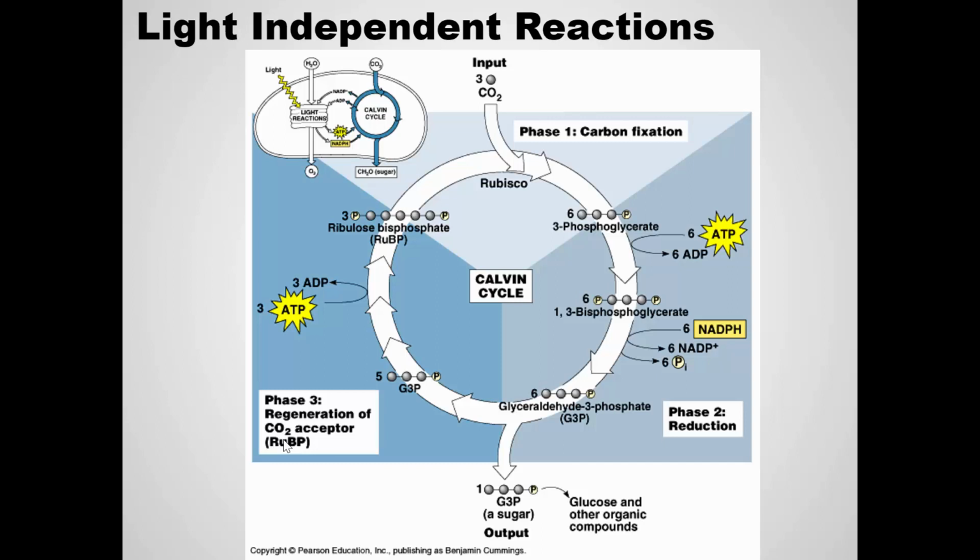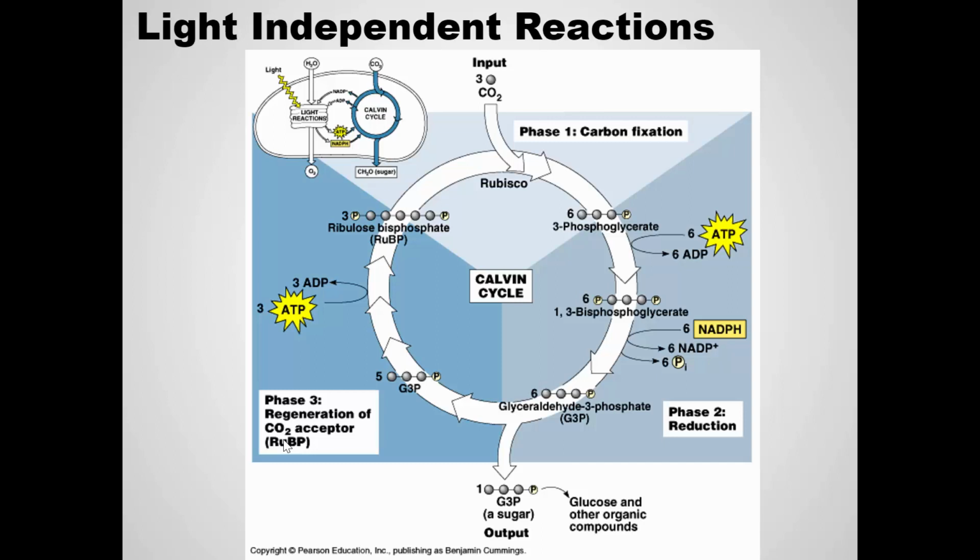So don't worry about the internal process, but I'll just give you the idea: carbon dioxide comes in, absorbed into the stroma, and it is combined by this enzyme called rubisco. It takes a molecule called ribulose bisphosphate, RuBP, which is just what it's called, as a short conversion. It attaches the carbon dioxide to this RuBP, and then it gets transformed.